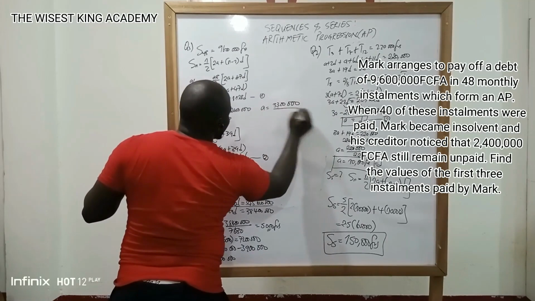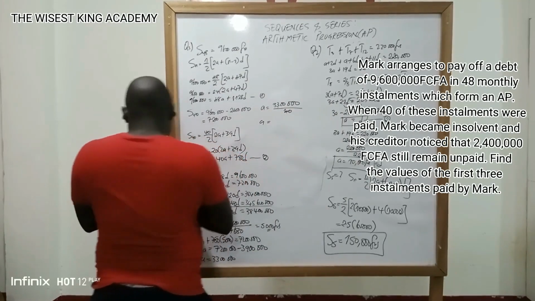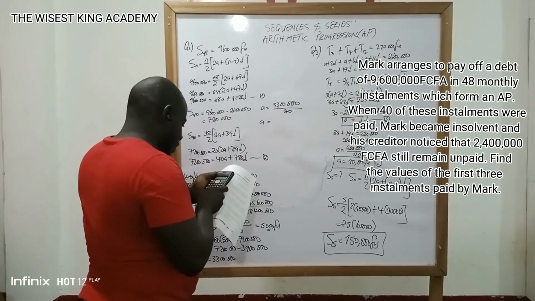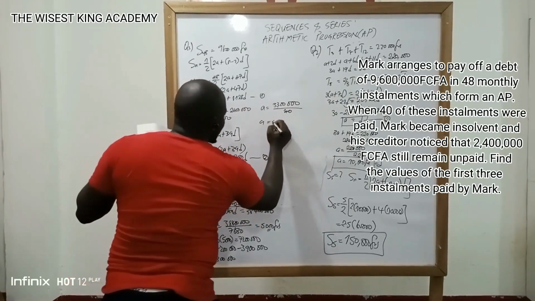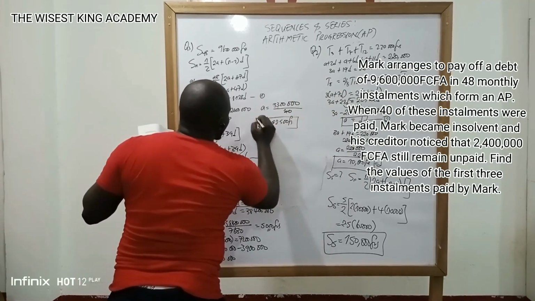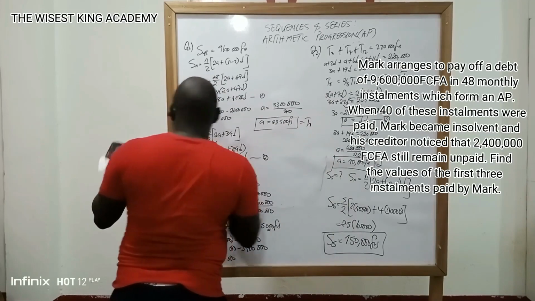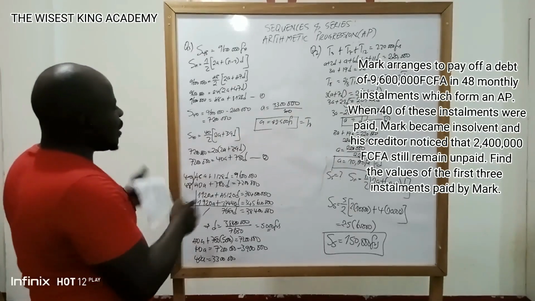So it therefore implies that a will be 3,300,000 divided by 40, which is equal to 82,500 francs. Remember, this is equal to T1, the first payment.